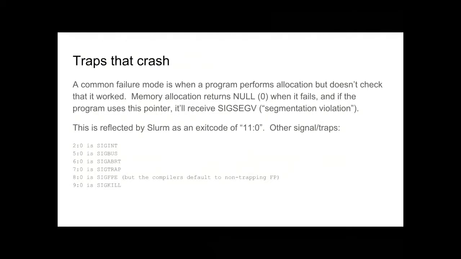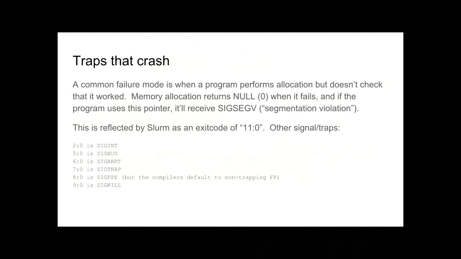These are specific cases where your application can fail in certain specific ways, and that's reflected in the exit code as well. A very common one is if you have a program written in C or C++, and you do a malloc to allocate memory, and for some reason the memory allocation returns null.